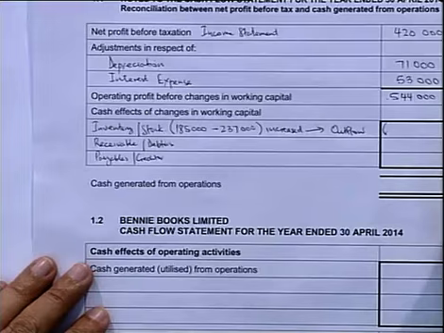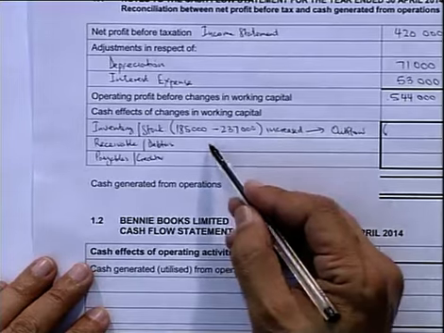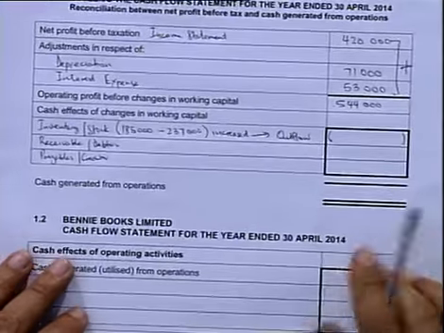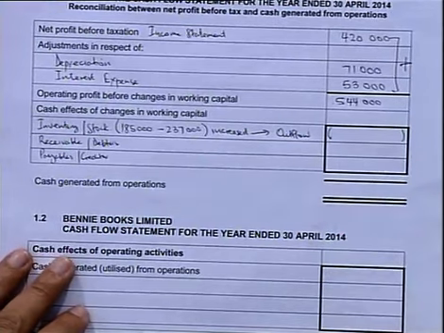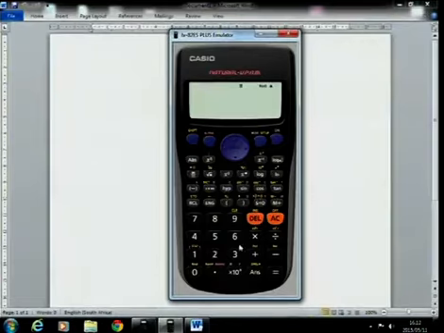So the difference between those two figures will have to appear in brackets. Okay, so on your calculator, it's just the difference between 237,000 and 185,000.